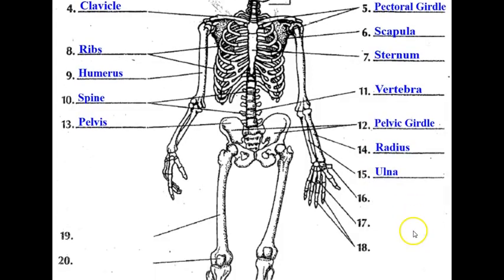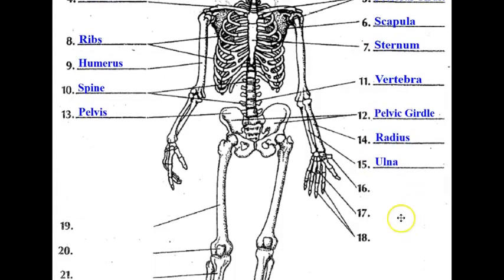Let's finish out the bones of the hand here. We have the carpals, which are in your wrist. We have the metacarpals, which are the first set of bones leading up to your fingers. And then we have the phalanges, which are your fingers itself.